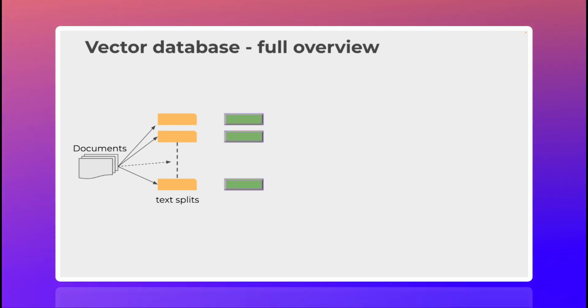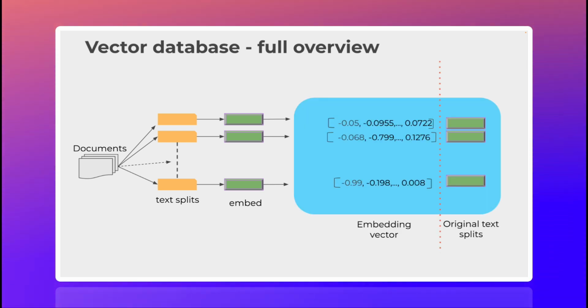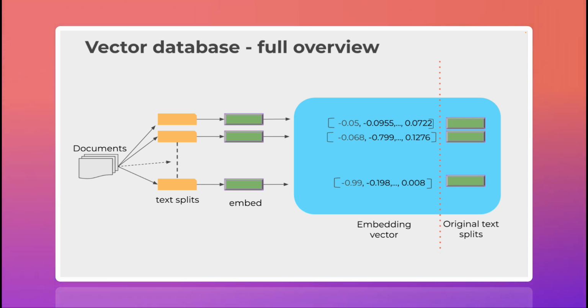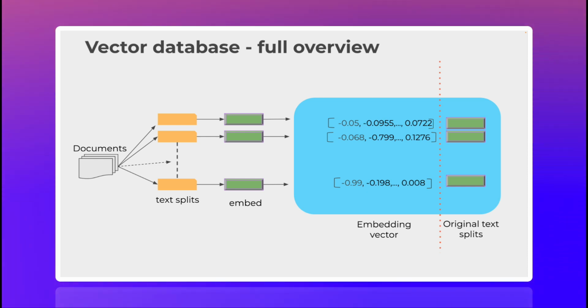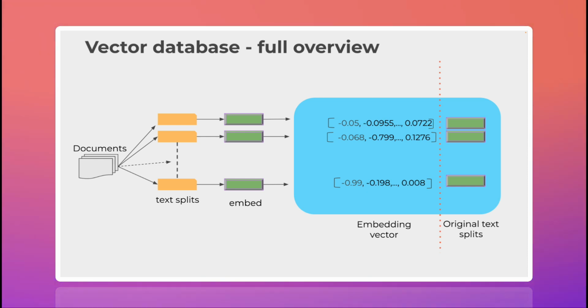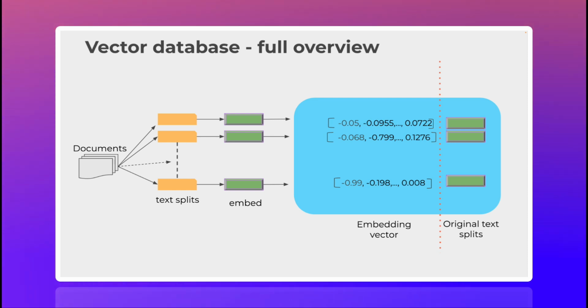And then once they're split, we are going to transform those into embeddings. And these embeddings are the ones that are going to be stored in the vector store. And as you know by now, we're able to pass these embeddings, which are vectors that not only have the vector attached to them, but also have the original text, the splits that correspond to that vector space. So that's what we have so far.